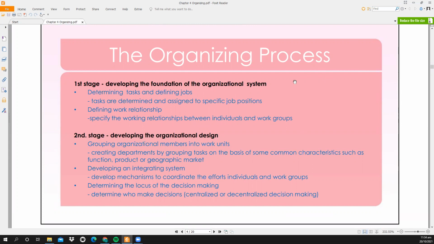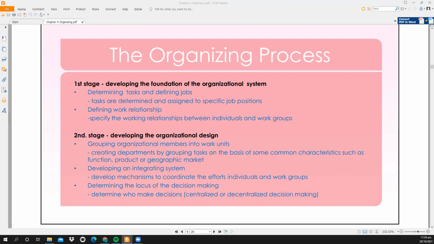The first stage, developing the foundation of the organizational system. Here, determining tasks and defining jobs.